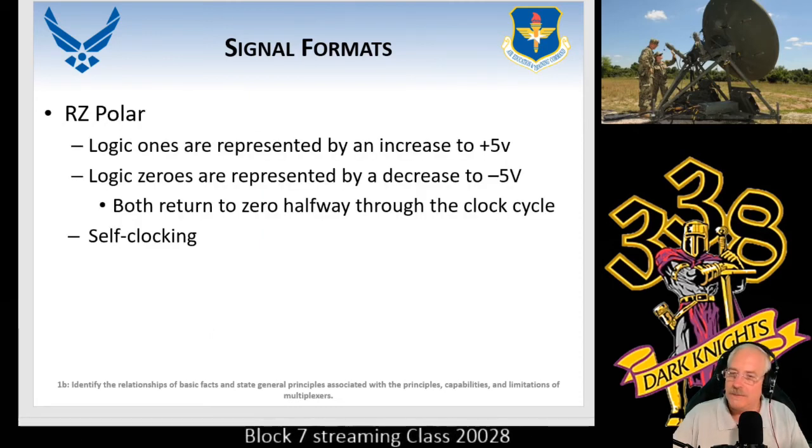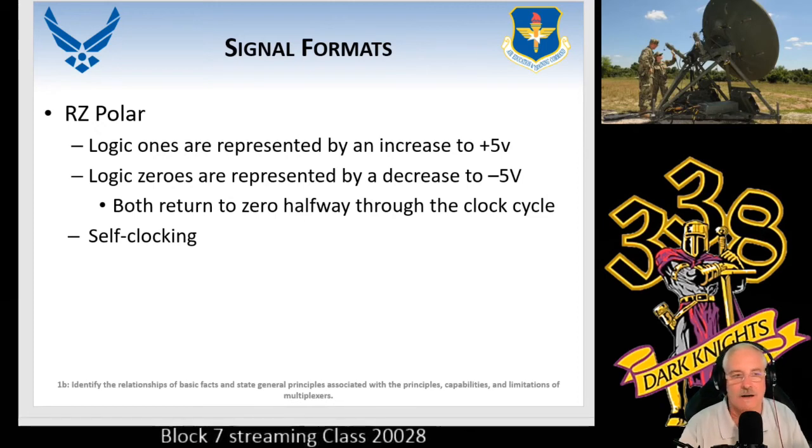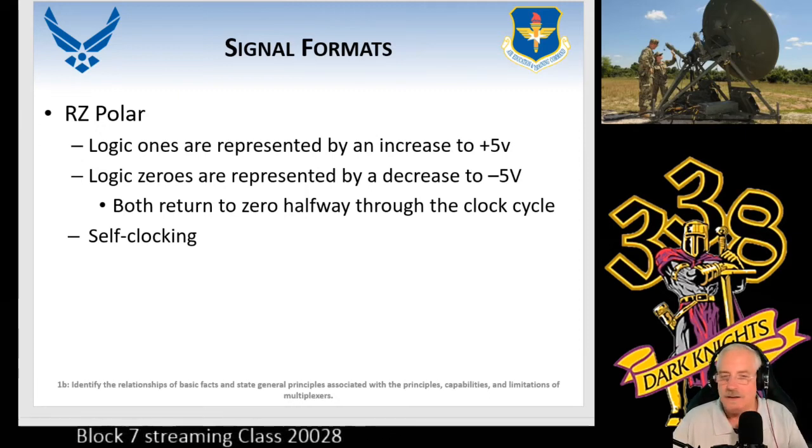When we look at RZ polar, though, this is when we start seeing the self-clocking, where I don't need to send a clock cycle to the distant end along with the signaling format. The nice thing is zeros are -5 and +5 are 1s.